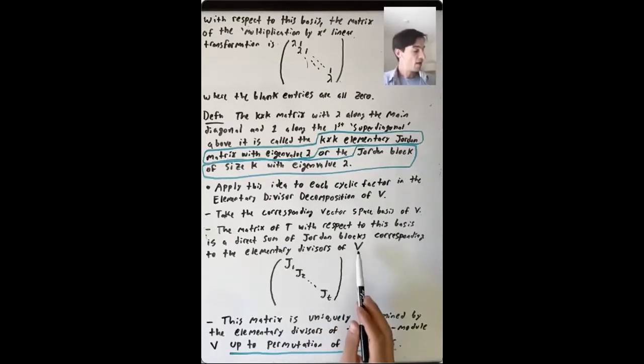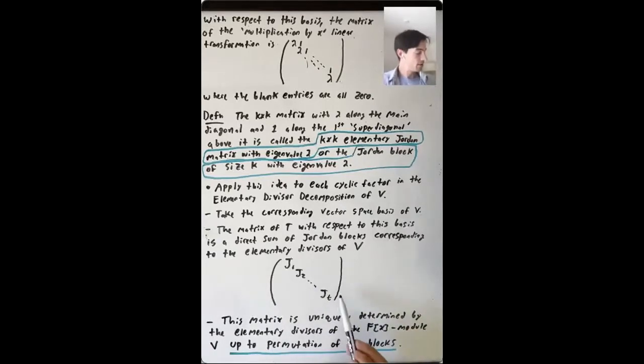So if we have the elementary divisor decomposition of V, that is V is isomorphic to F[x] mod the ideal generated by (x - lambda_1)^alpha_1, direct sum, plus, plus, plus, (x - lambda_t)^alpha_t, so one for each of these blocks.